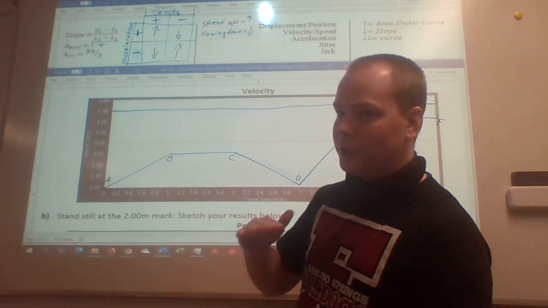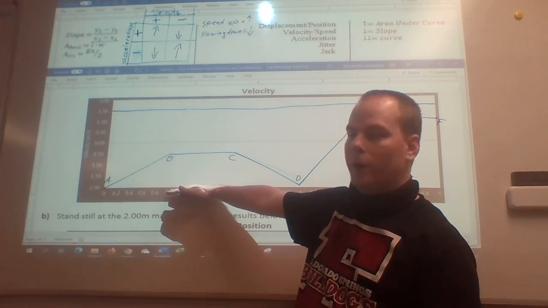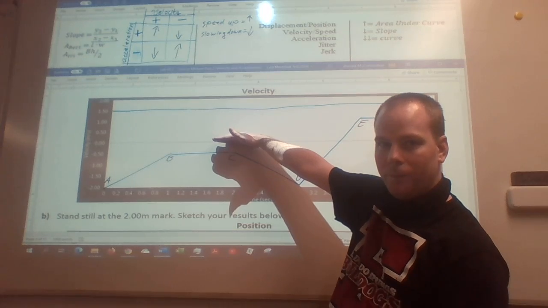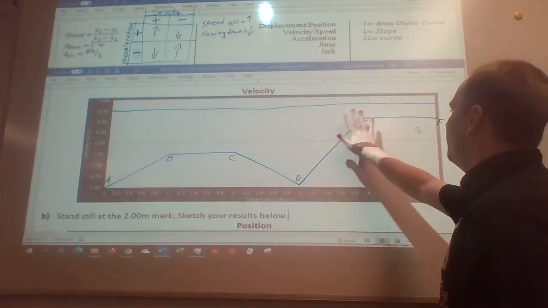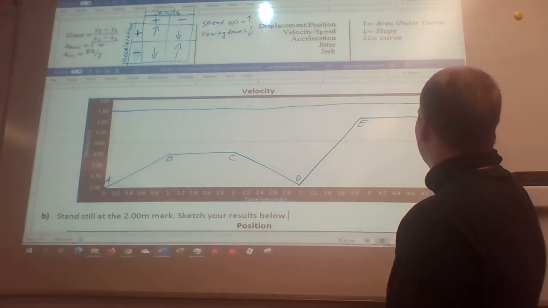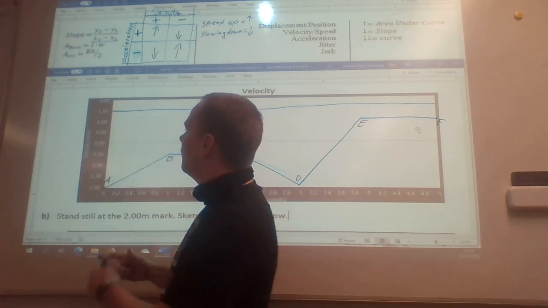So we are not measuring from here all the way down to the bottom of the graph. We are measuring from here down to the 0 line. So if we ignore this little piece here, which is super inconvenient, but I need it anyway, this is basically just a rectangle. It is 1.5 meters per second tall.